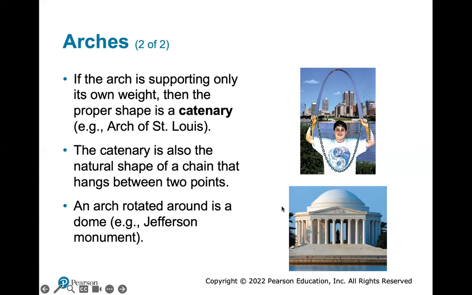And the Jefferson Monument, if you take an arch and rotate it, you get the dome. So there's columns supporting these flat pieces here, but the dome itself doesn't have any support columns on the inside.